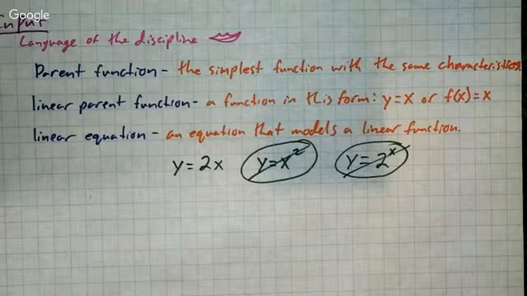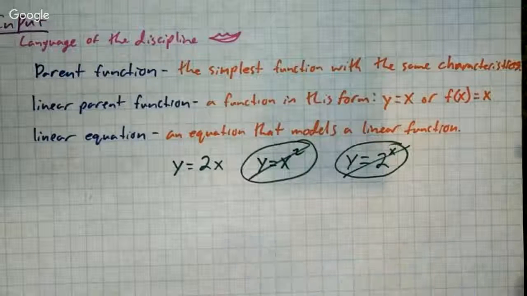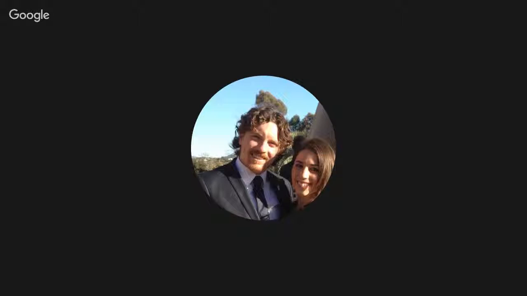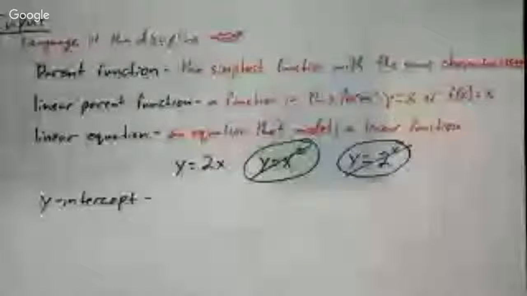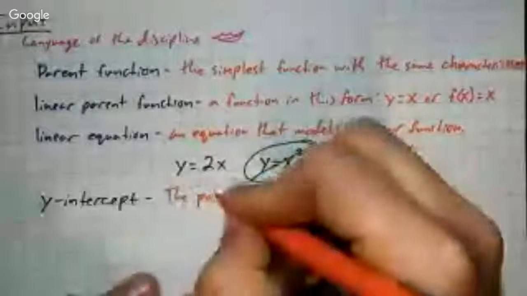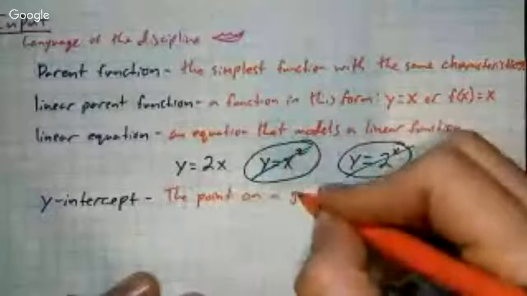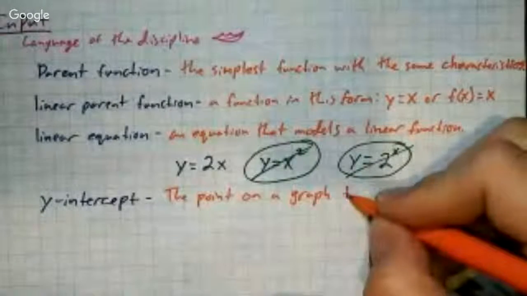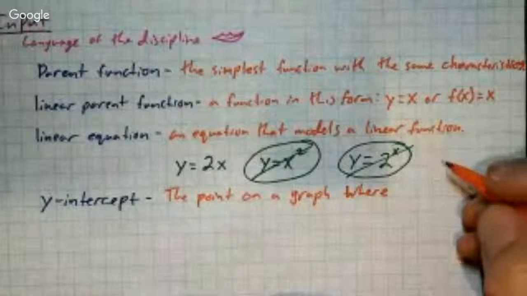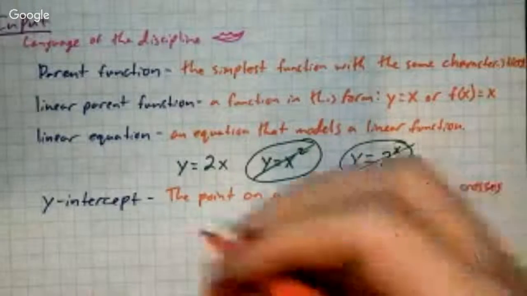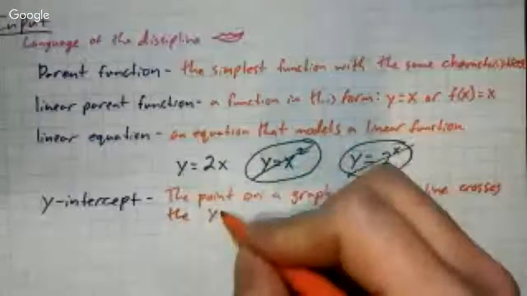Okay, let's get into our last two here. The next one is the y-intercept. The y-intercept is the point on a graph where a line crosses the y-axis.